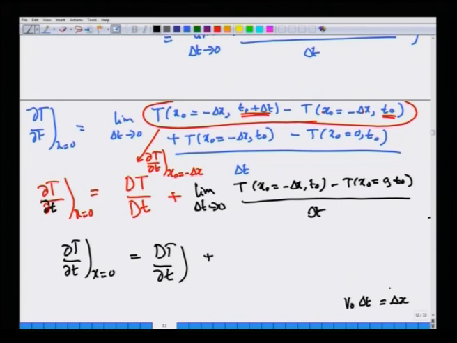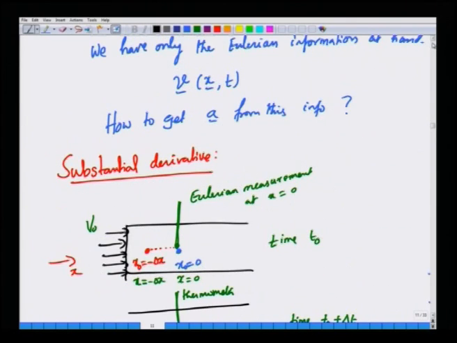So delta t I will write as delta x by v 0. So I will get v 0 times the limit, instead of delta t going to 0, delta x going to 0, T of x naught equal to minus delta x.